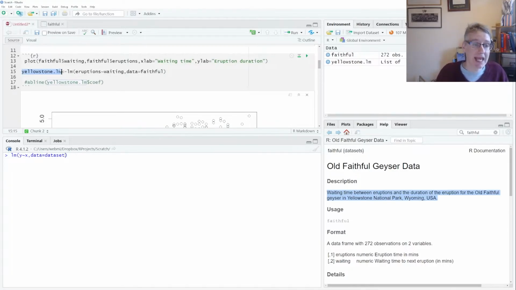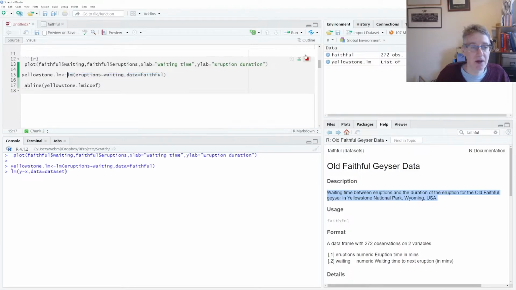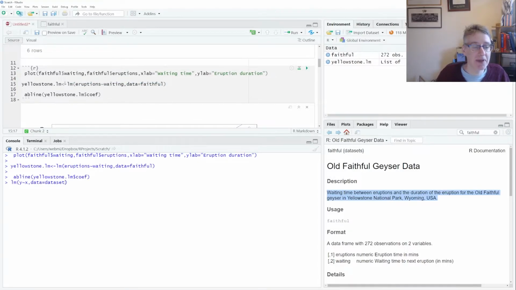But I'm calling it Yellowstone.lm to remind me that it's something to do with Yellowstone National Park, and the .lm just reminds me that it's a linear model object. Just like anything in R, this linear model function will produce an object, and I can save it as Yellowstone.lm.